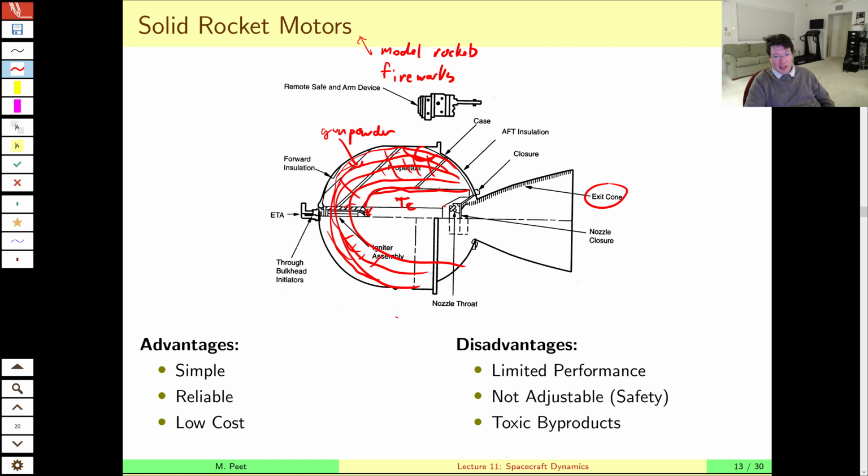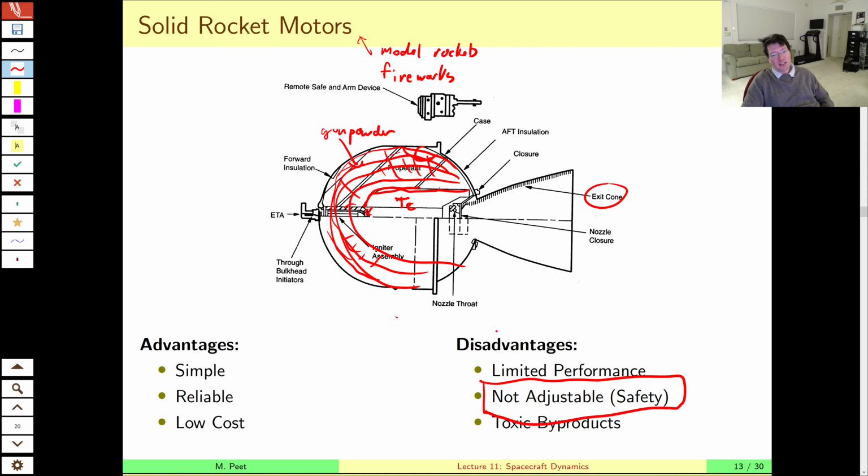Because it's like a gun, however, it's almost uncontrollable. Once you light a solid rocket, there's no way to turn it off. Not adjustable. So that rocket is going to burn until it, well, burns out or explodes or whatever. So that's a very strong disadvantage.